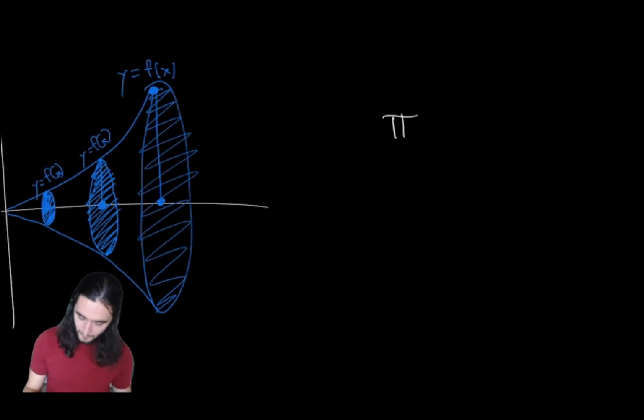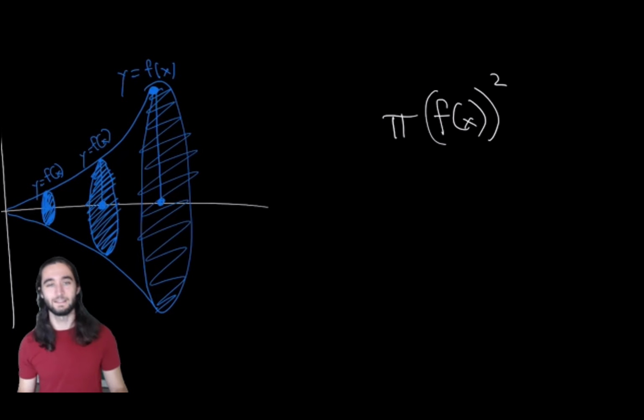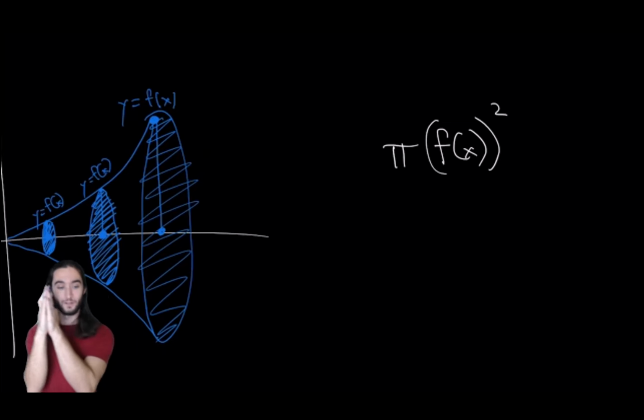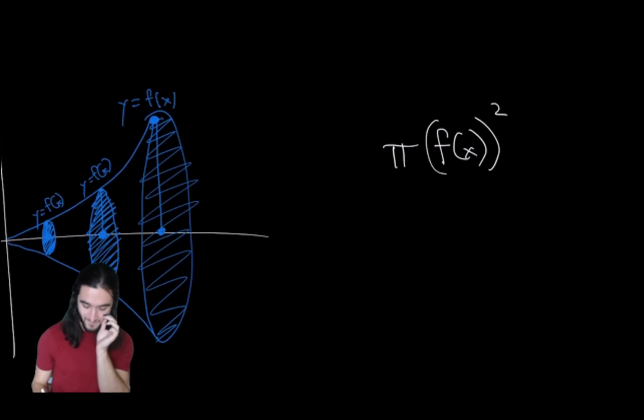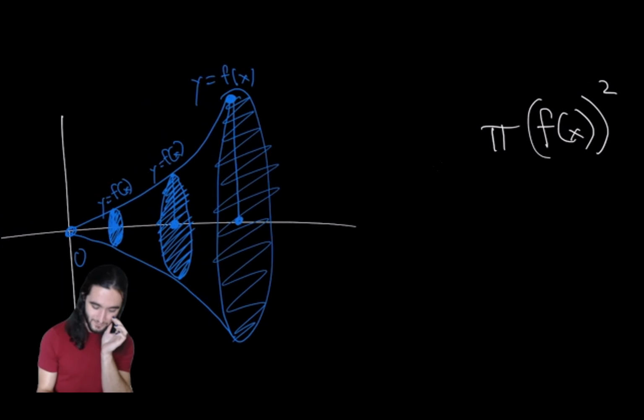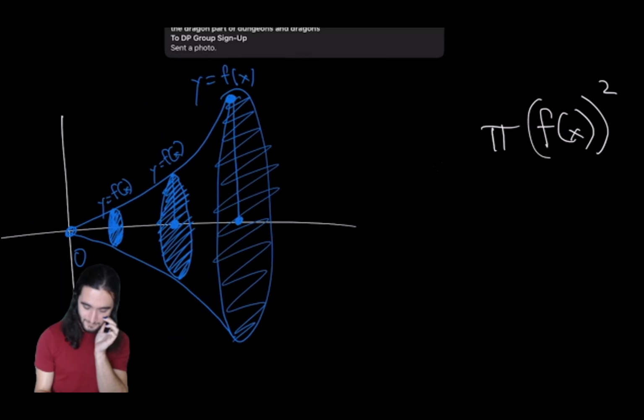So the current radius is just f of x, and so that means the current area is pi times f of x squared, right? So that little expression there, pi times f of x squared, is giving us the area of these circles as we move along, right? So as x ranges from whatever this is, let's say this is 0 to let's say 10.